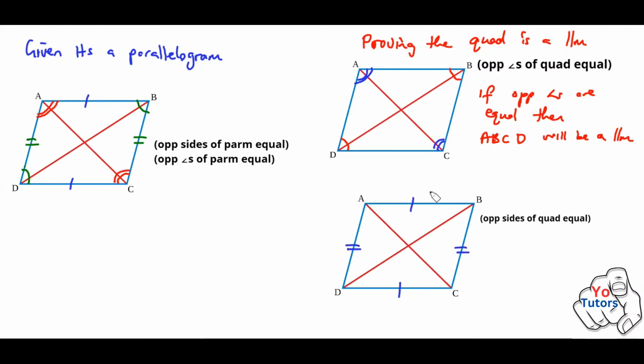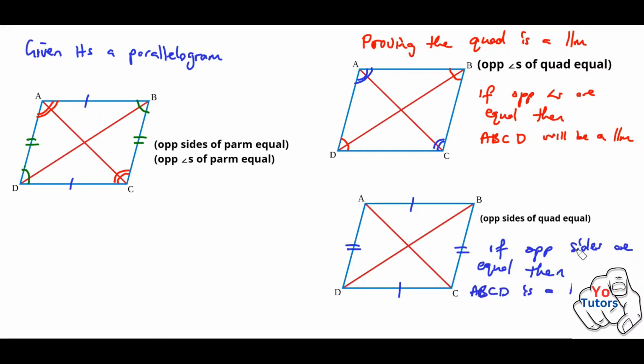So if you are given a quadrilateral, you don't know it's a parallelogram, you are going to prove that opposite sides should be equal. So if you prove that they are equal, then you can now say the shape is a parallelogram. So if opposite sides are equal, then ABCD is a parallelogram.